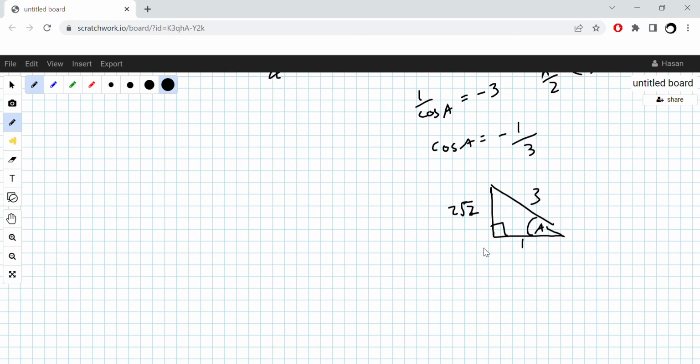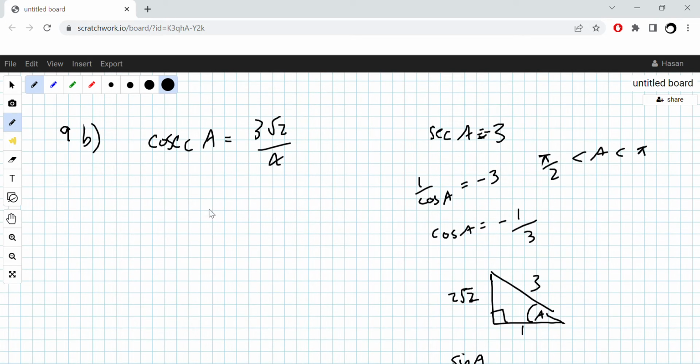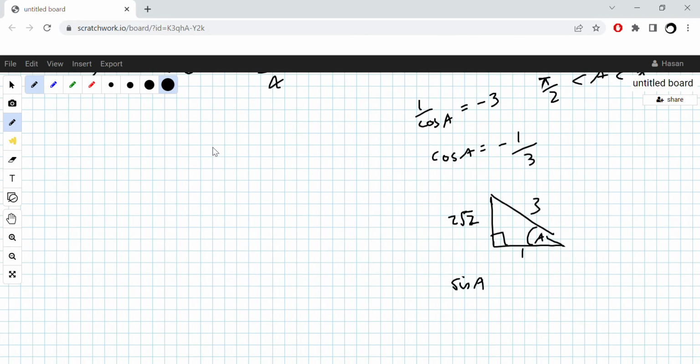And then to find sine A, as cosec A relates to sine, we're going to have to find sine A, which is going to be opposite over hypotenuse, which is 2 root 2 over 3. So we'll bring that here, sine A equals 2 root 2 over 3.